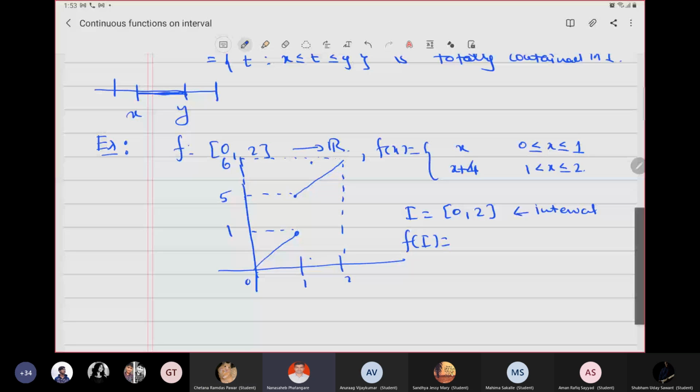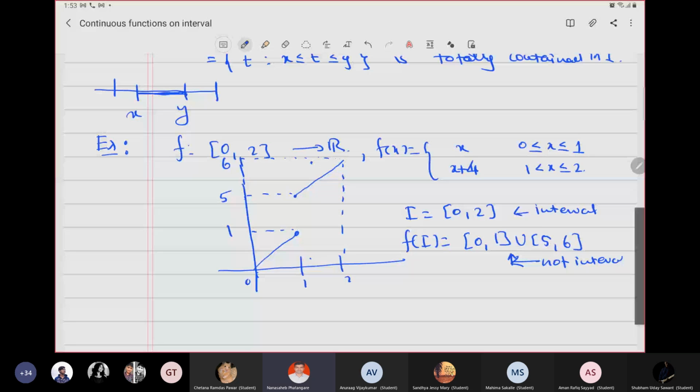Is 3 in the range? No, sir. So what is it? 0 to 1 union 5 to 6. Right, 0 to 1 union 5 to 6, and this is not an interval. So the range is not an interval, the domain is an interval.